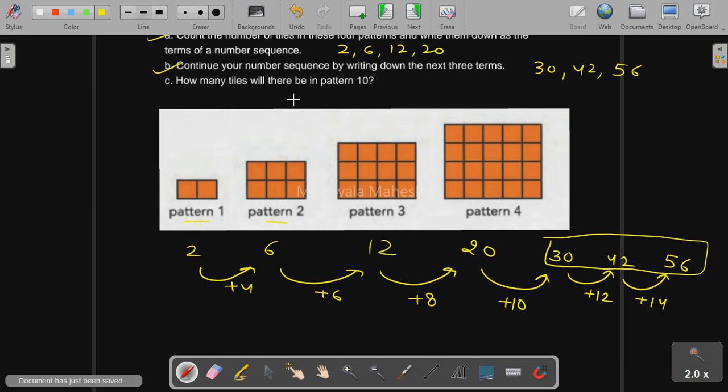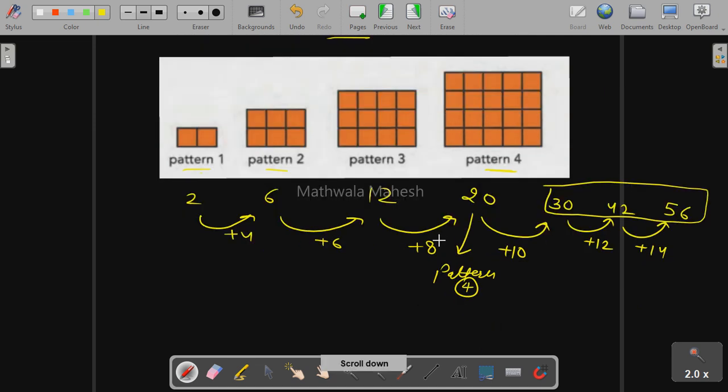How many tiles will there be in pattern 10? So this is our pattern 4. So we have to find for pattern 10. Okay, this is pattern 4, this is 5, this is 6 and this is 7. And what is the 8th pattern?